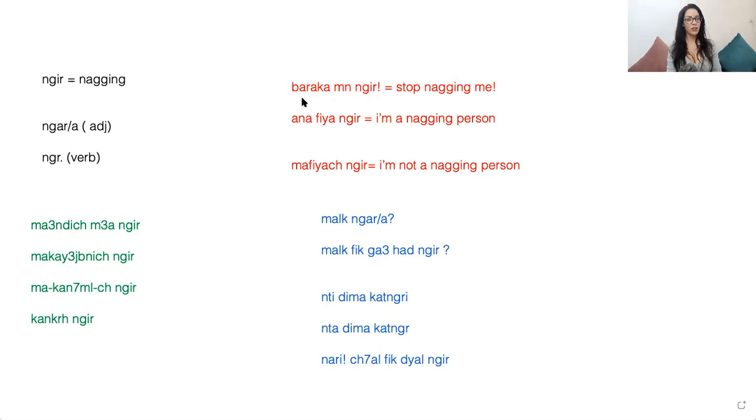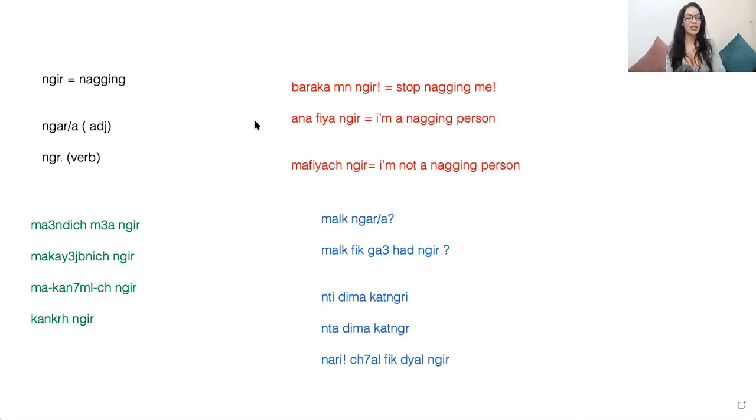If I'm going to sound it naturally, of course, I have to change the tone. Baraka min ngir. Enough from nagging. So next time your husband or your wife or whoever is nagging you, you can say baraka min ngir. It's up to you how you want to say it. If you are angry or just saying nicely, this is too much, you can say baraka min ngir.